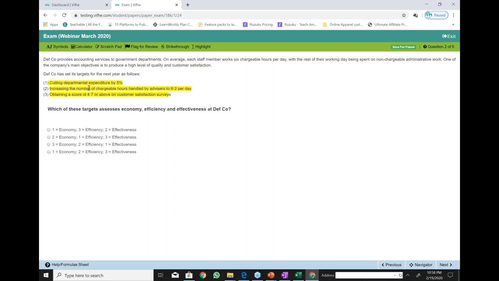You can see the number of chargeable hours handled by the advisors, so you can see both the output and the input here. So it's efficiency. Third, a score of 4.7 or above is effectiveness. So the correct answer is D. First is economy, second is efficiency, third is effectiveness. Are we clear?